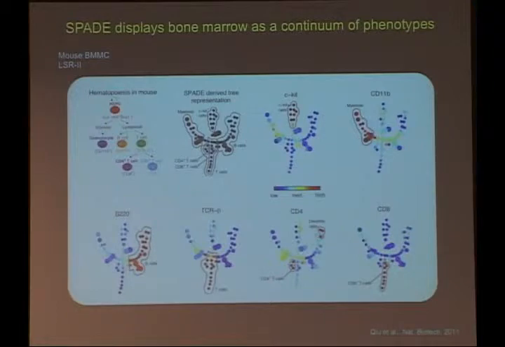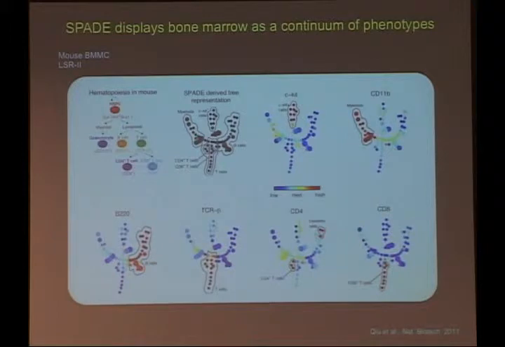So now let me just go through a little bit of SPADE analyses so we can get a feel for how this approach works. This is from the paper, the publication on SPADE in 2011. And what this is, Kenny Gibbs in the lab did a 9-color fluorescence experiment on mouse bone marrow.